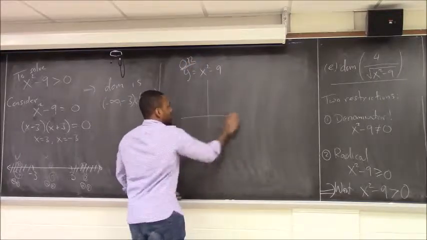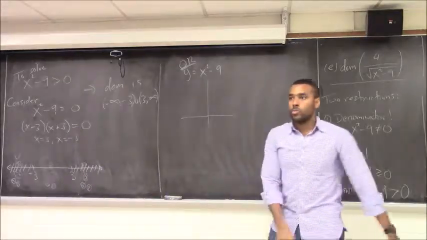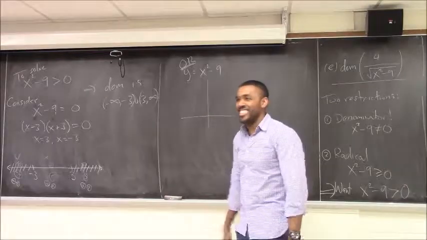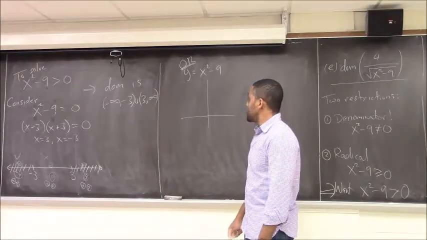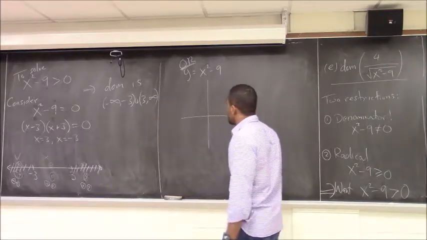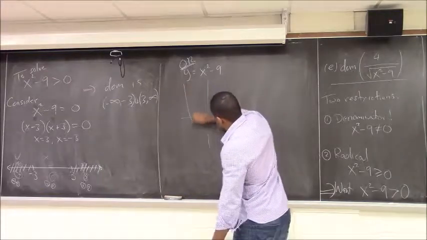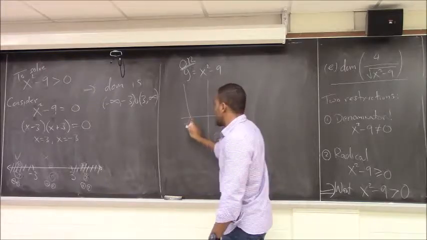What does x squared minus 9 look like? It's a parabola, right? Going down 9. You know that it crosses at 3 and minus 3, right?